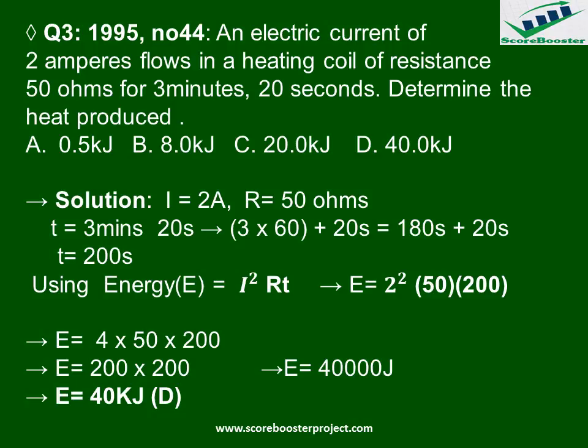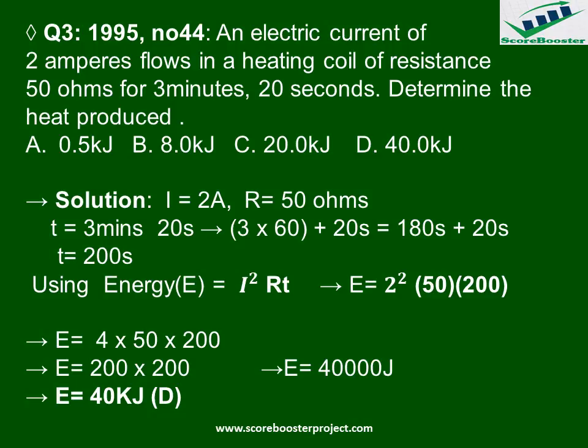Now, from the parameters we are given, we have current I, resistance R, and time T. And the formula for calculating energy connecting I, R, and T is E equals I square RT. So we will substitute for that. Our E will be I square, that is 2 square, into R, which is 50 ohms, then into T, which is 200 seconds.